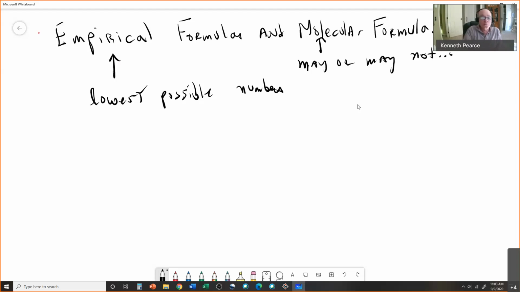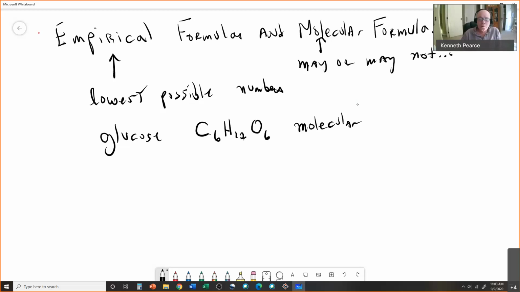And here's an example. If we take glucose, which is C6H12O6. That's its formula. This is a molecular formula. Why is it a molecular formula? Because it doesn't have the lowest possible whole numbers.